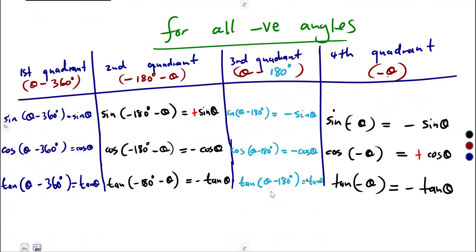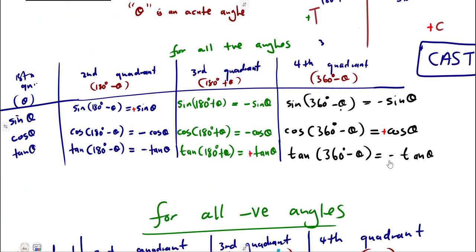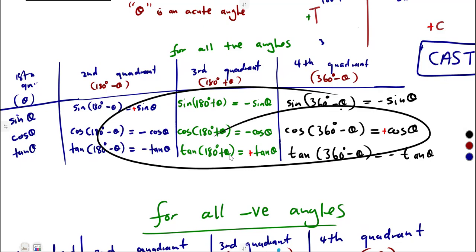Guys, can you forget this? You can't. You just need to work on your revision. The moment you know the angle, because it's the same here, this is the same as what you had.